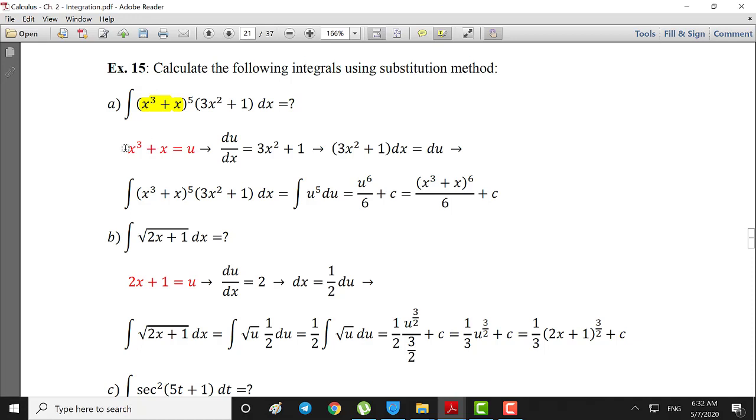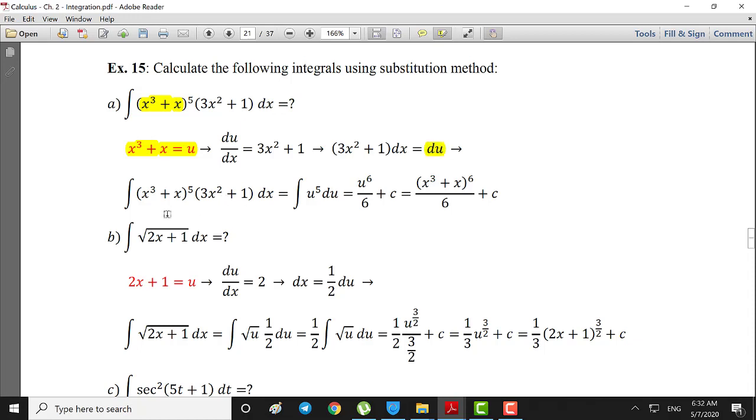If we consider x^3 + x as u, then du over dx is going to be 3x^2 + 1, and (3x^2 + 1) dx, which is what we have in the rest of the integrand, is going to be equal to du.